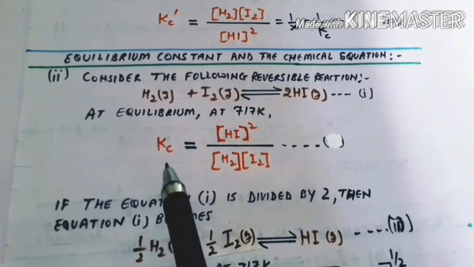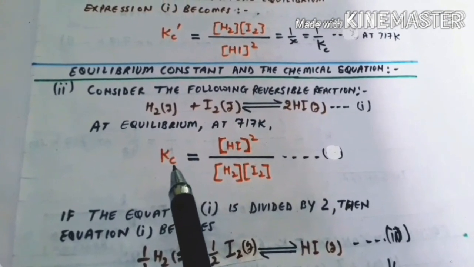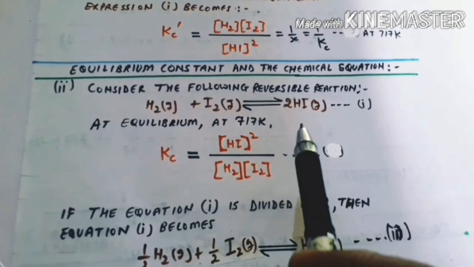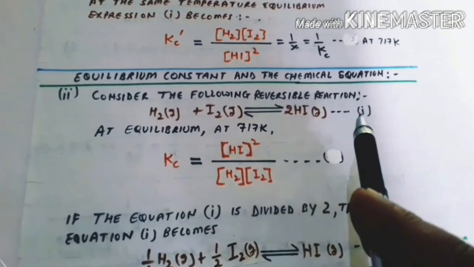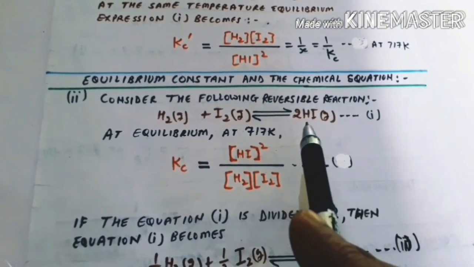So now this is the equilibrium constant of the forward reaction with respect to the balanced chemical equation 1 of the reversible reaction.